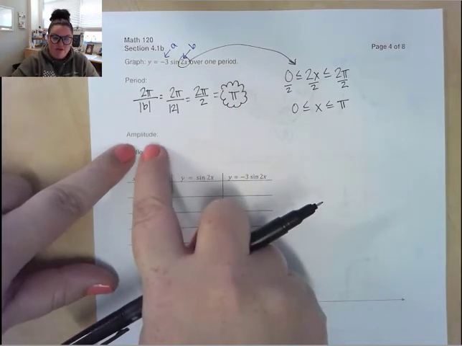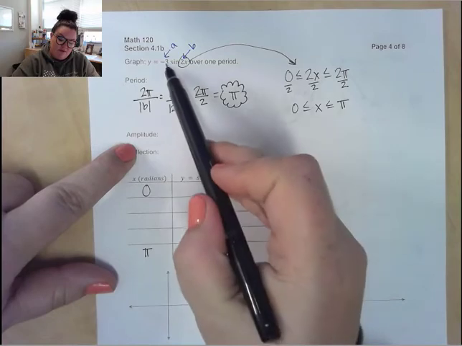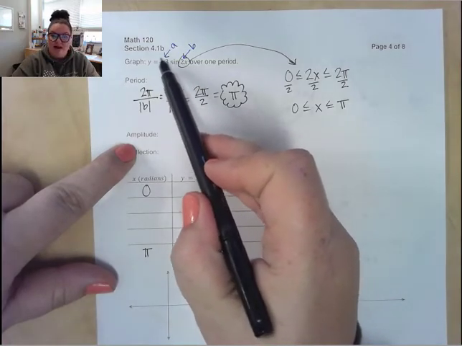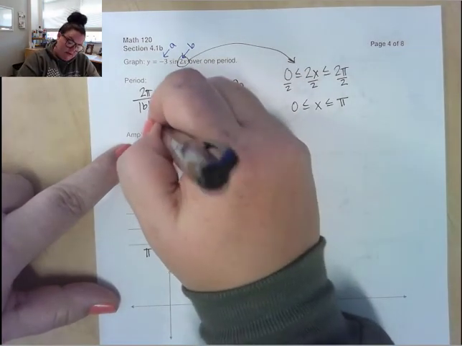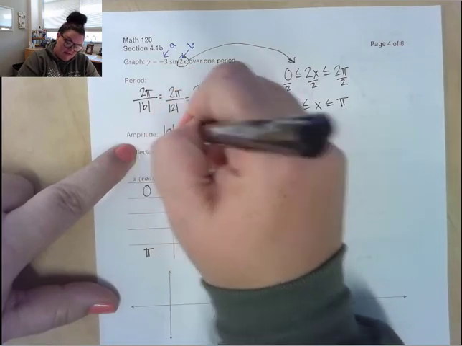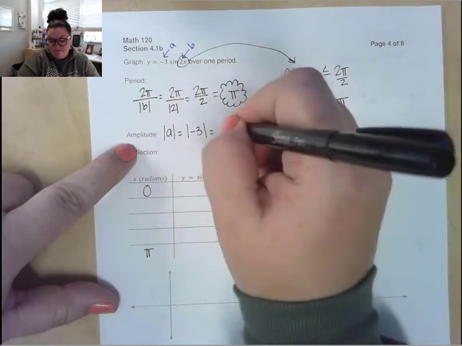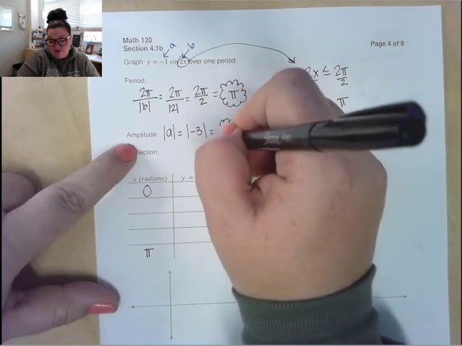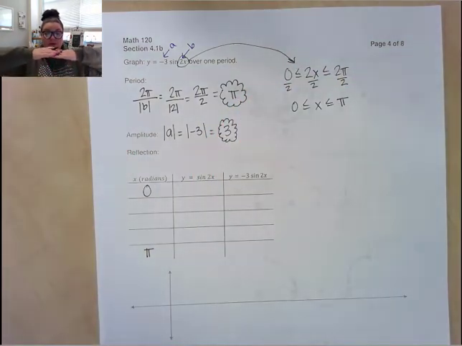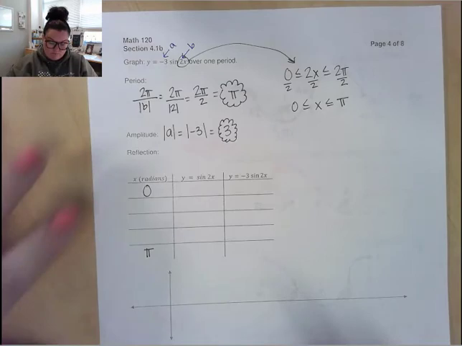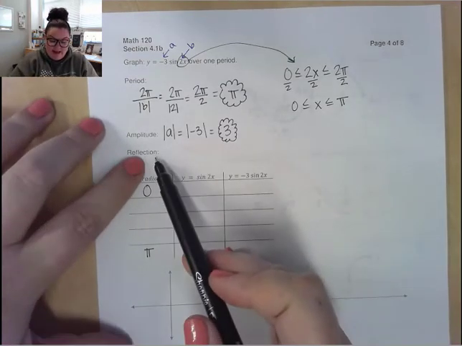My amplitude is the absolute value of whatever I'm multiplying by outside my function. So the absolute value of a, which in this case is the absolute value of -3, which is just 3. That means from my vertical center, I should be going up 3 to get to my maximum or down 3 to get to my minimum. And do I have a reflection?